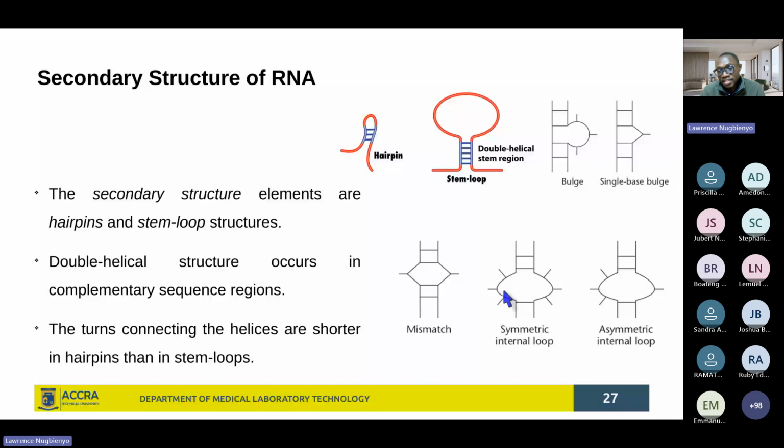Here it's being shown that there's 3 on the left-hand side, 3 on the right-hand side. It can be any number, but they should be equal on both sides to make that loop symmetric.